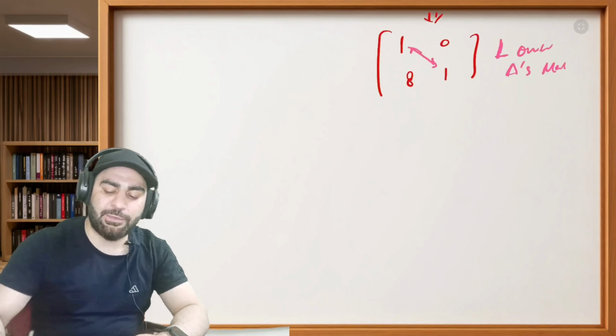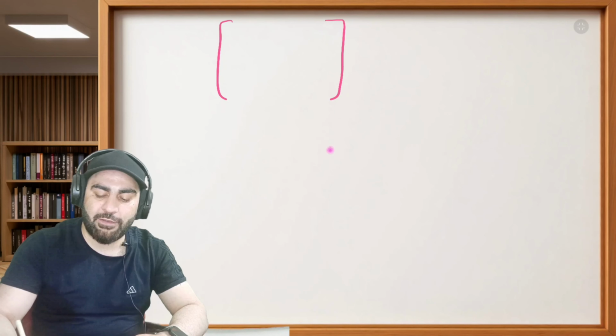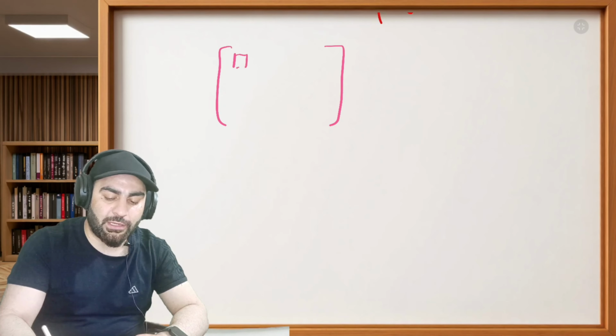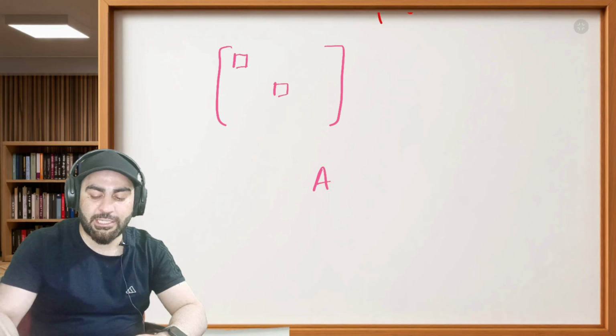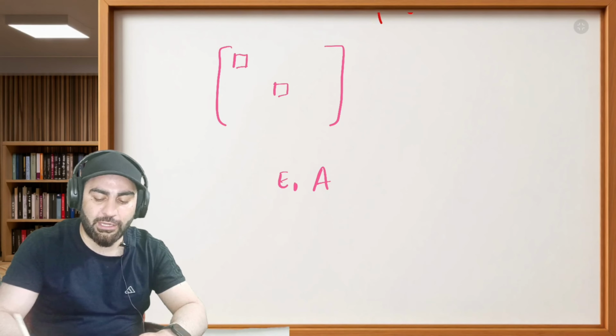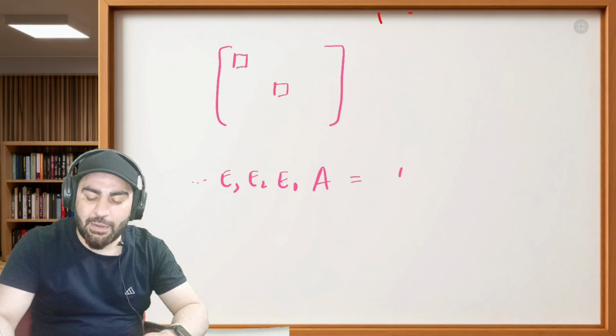You can do the same thing for 3 cross 3. If you have a 3 cross 3 matrix, you will have one pivot over here, then a second pivot over here. For an n cross n matrix A, you will have E1 for the first pivot, E2 for the second pivot, E3 for the third pivot, and so on, till any number of pivots. What you will get is an upper triangular matrix as a consequence.